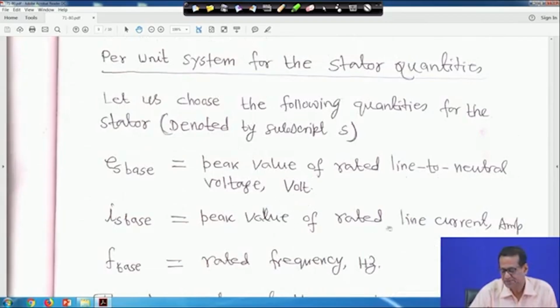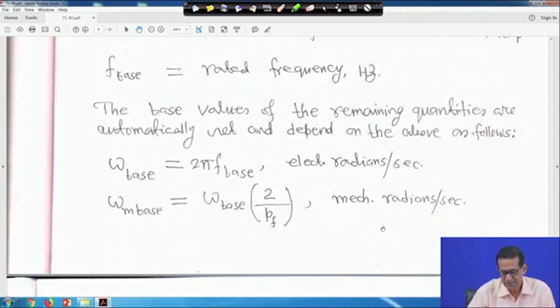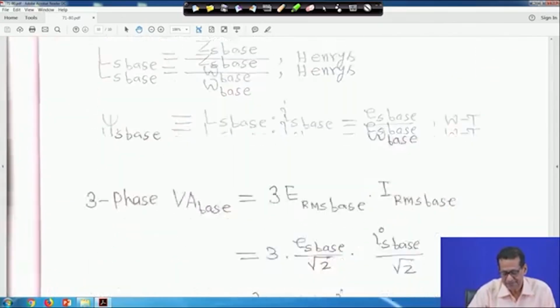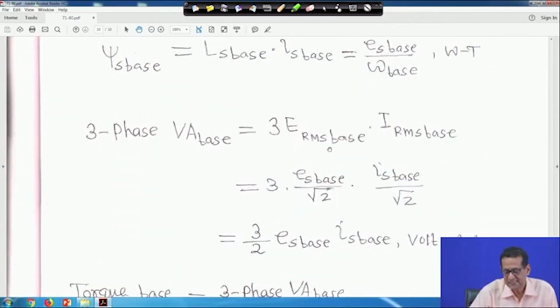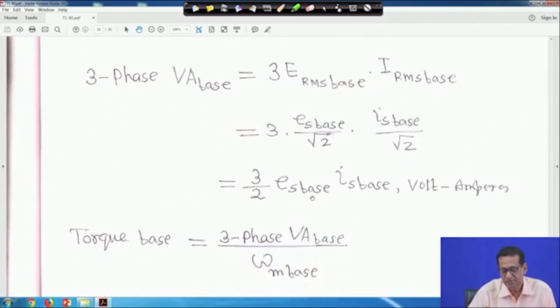Similarly for the current, Is base is the peak value of rated line current, so I RMS base is Is base upon root 2. Root 2 times root 2 gives 2, so it will be 3 by 2 Es base into Is base volt-ampere. This is your 3-phase volt-ampere base.